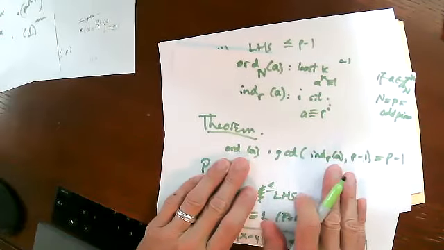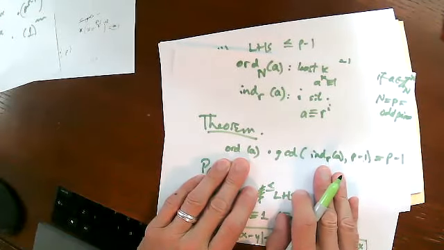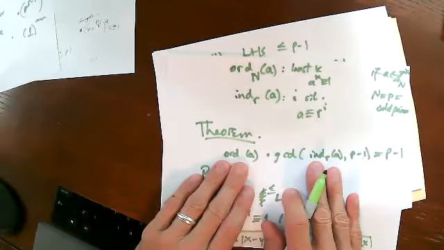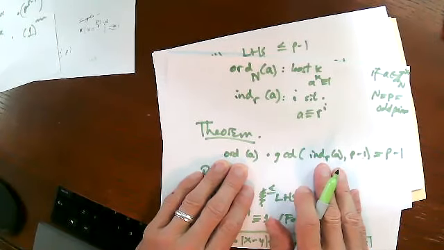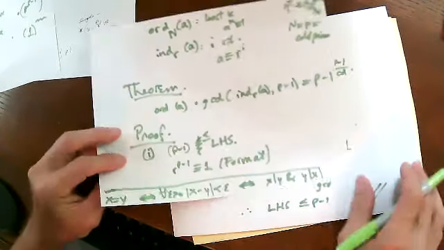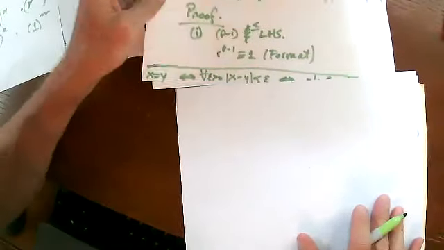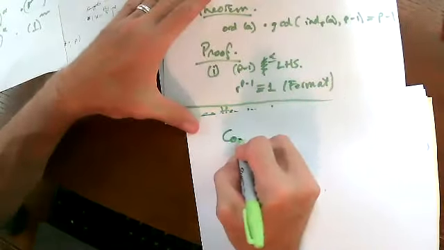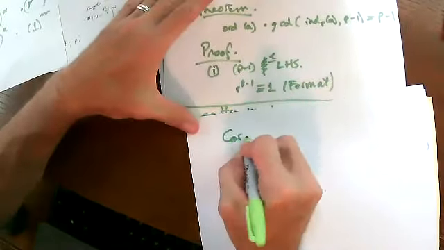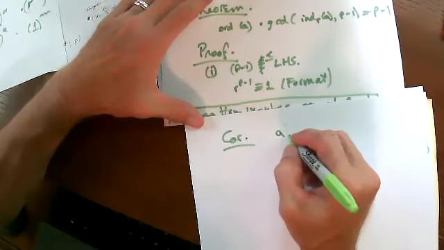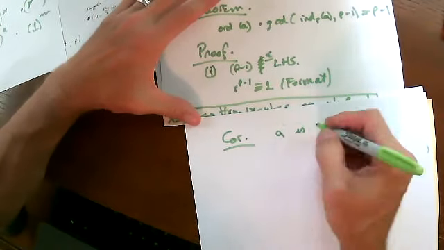Okay, so this is one statement that puts the order and the index together. And along the way, I'm using this proof in part to help you remember exactly what those terms mean. But I do have a particular application in mind, and it's a variant of the proof that I gave you for the same thing last time. A corollary to this is that the number A is the square of something else, mod p.